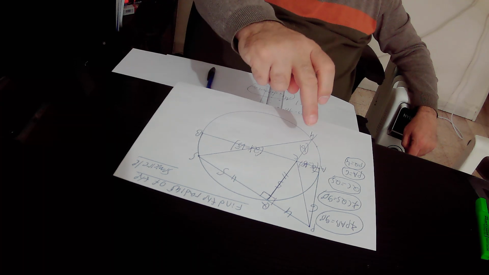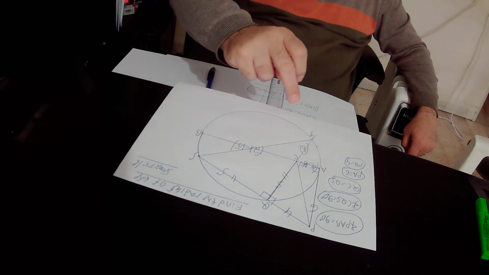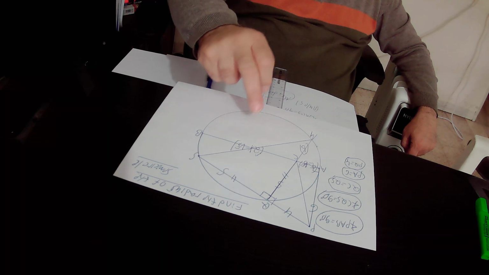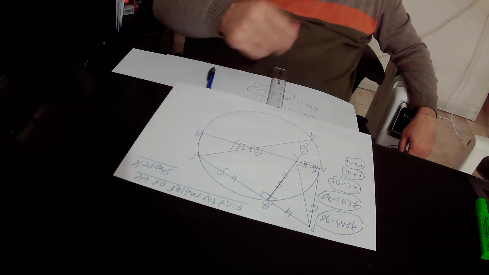And the hypotenuse of the right triangle QMS is MS, and MS equals 2x, that is actually the diameter of the circle.